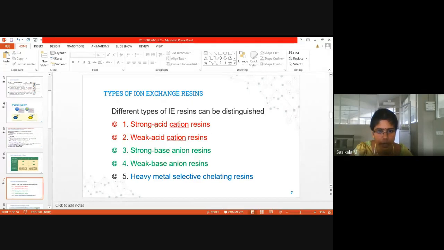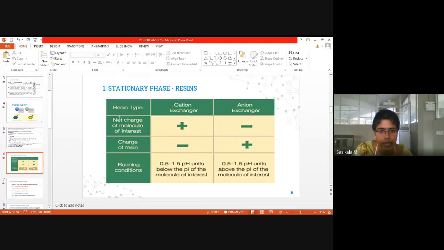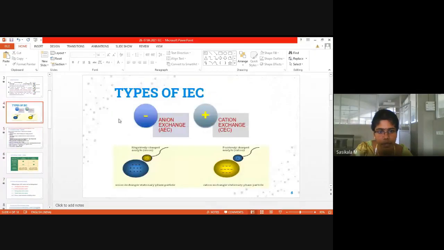Resins will be coated with cationic charge or anionic charge, whichever exchangers will be carrying the particular charge for separating cations or anions. So strong acid cationic exchangers will be carrying what type of charge here? Cation exchangers will be carrying what type of charge?